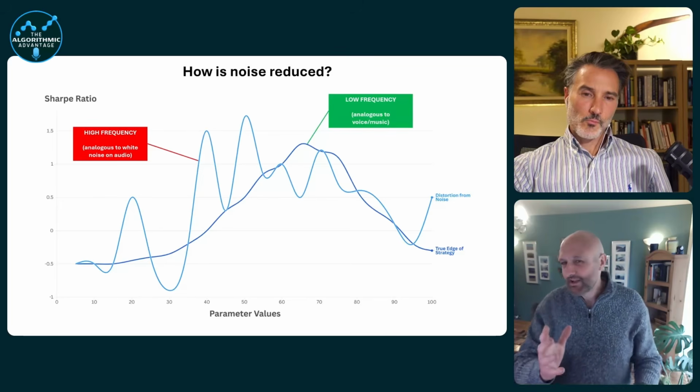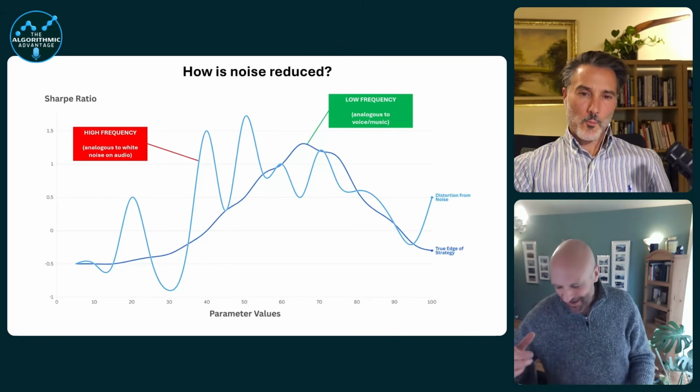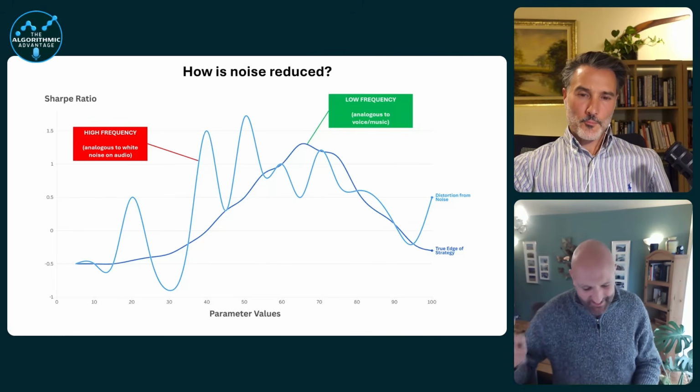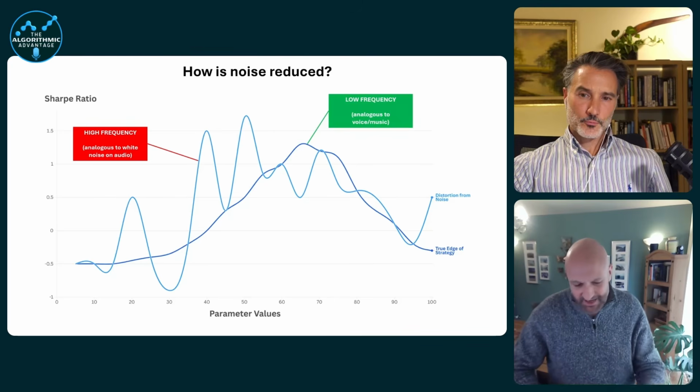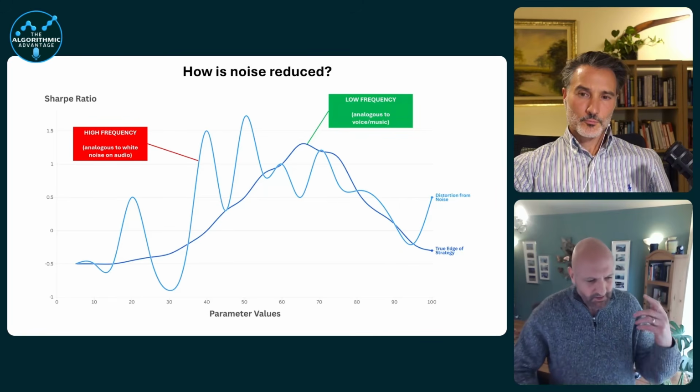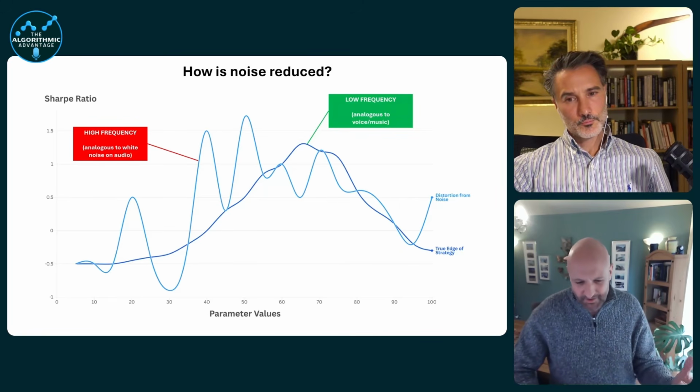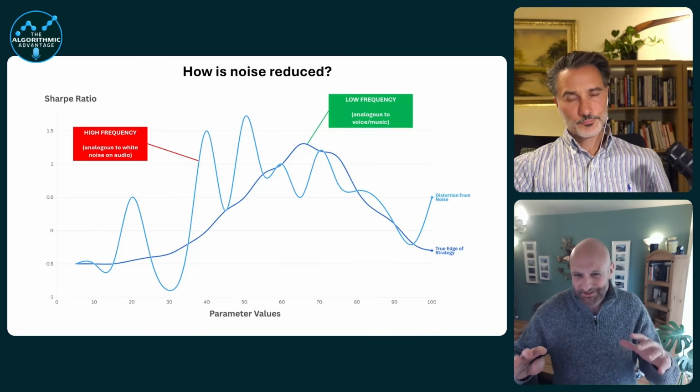And I always like an analogy. The analogy I have here is something that certainly anyone who produces podcasts or any kind of audio will be able to relate to immediately. When you record audio, there are two components to it.